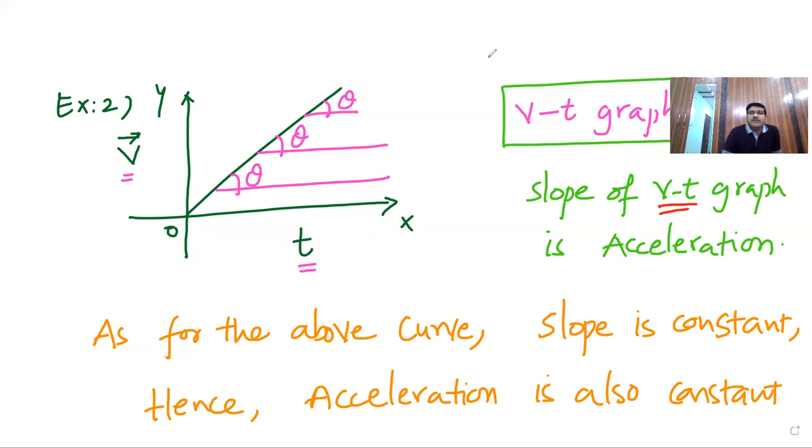Be careful about this point. Earlier we have seen one graph, now we have seen another graph. Both are velocity time graphs. Again I am repeating, the slope of the velocity time graph is nothing but acceleration. As theta changes, acceleration changes. When theta is constant, acceleration is also constant. Clear? Now, let us solve some numericals.